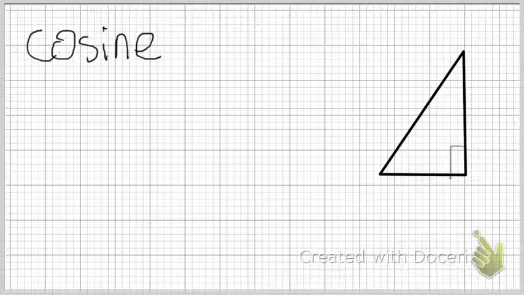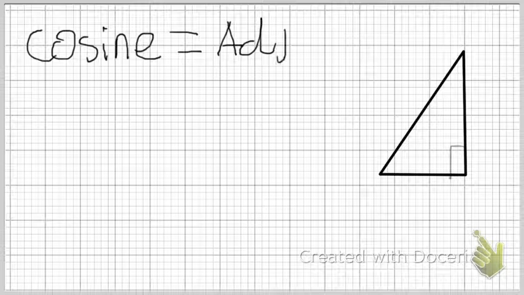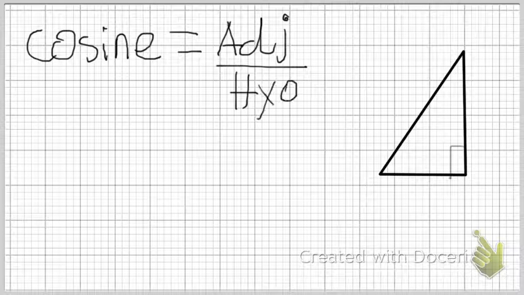For the next example, cosine. Now remember, cosine is adjacent over hypotenuse. So adjacent is the side that's next to theta.